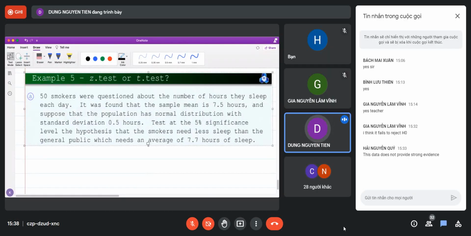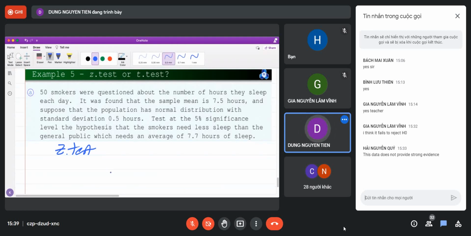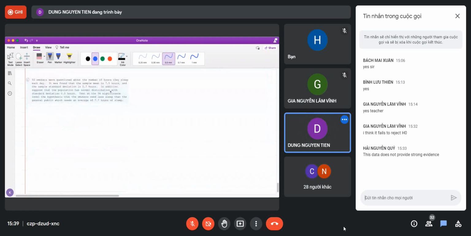Regarding the hours they sleep each day, it was found that the sample mean is 7.5 hours. We already did this problem, correct? And you remember that we used the Z test for this problem? Is that clear? Okay, now I want to change the question a little bit.